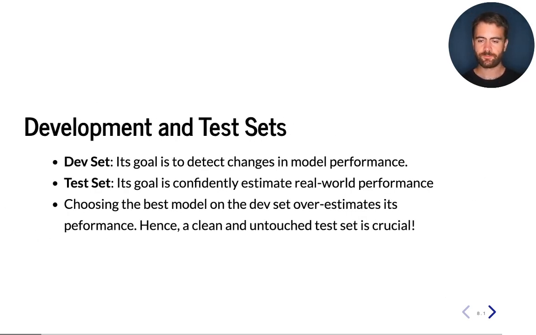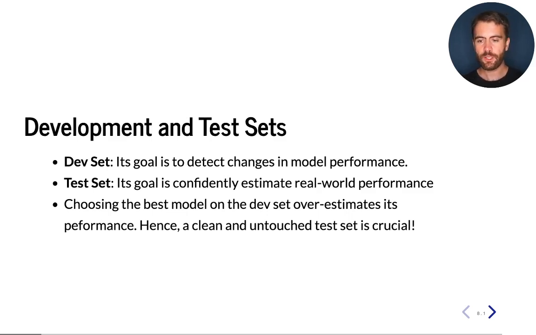So now within this workflow, one important decision is how do we choose the development and the test sets? First of all, let's look at their goals. The goal of the development set, as I mentioned earlier, is to detect changes in model performance.